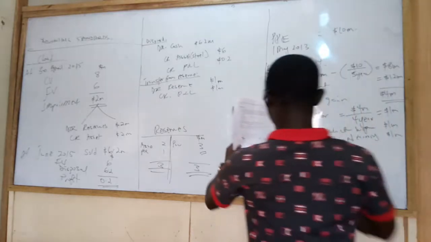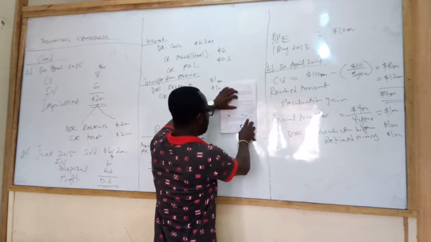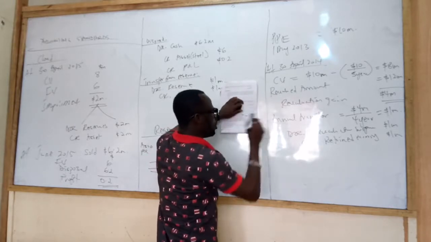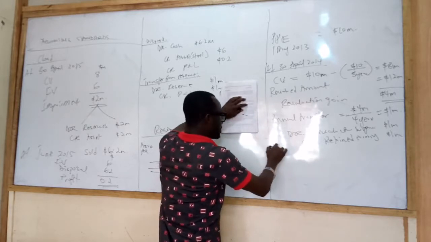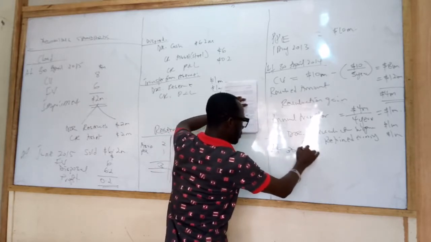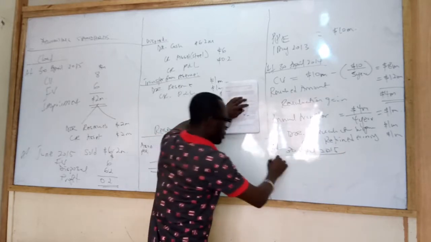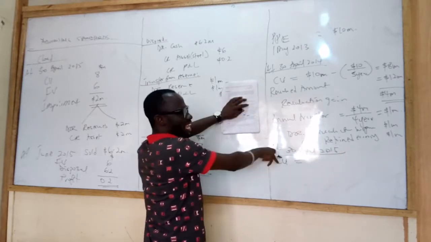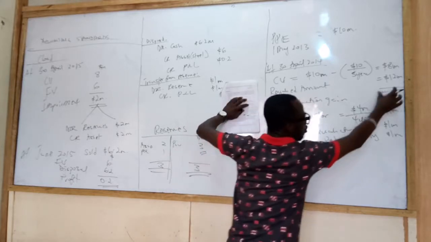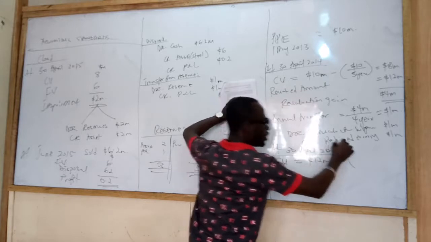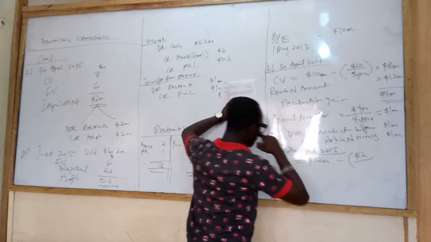We are not done. At 30th April 2015, the asset has fallen to what? 12 million. Okay, so third, at 30th April 2015, I need to find the carrying value. The carrying value as at this date will be the 12 million revalued amount minus the depreciation.